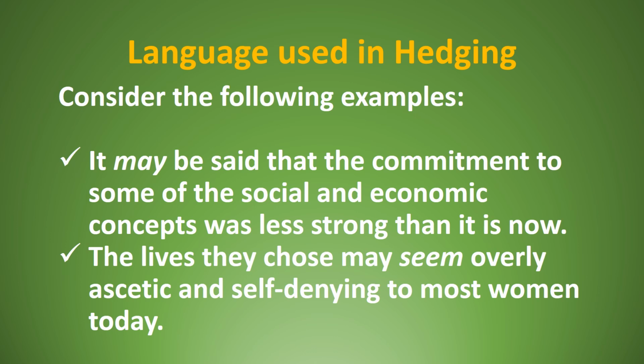For example, "It may be said that the commitment to some of the social and economic concepts was less strong than it is now." So it may be said. As you can see, there is a certain claim. It might be that the person stating this is unsure or not certain enough. Or the second statement: "The lives they choose may seem overly ascetic and self-denying to most women today."